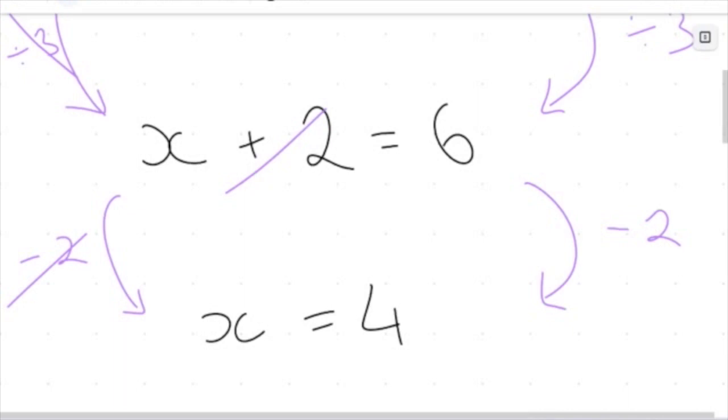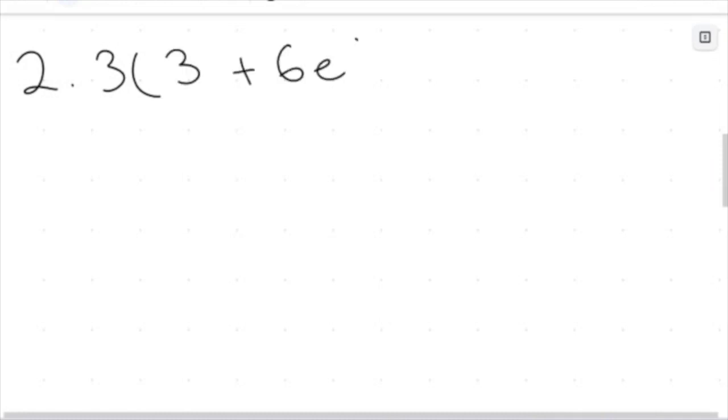Now let's try one more of these. Well, actually, let's try 2 more. So here I have 3 outside of 3 plus 6e, equals 27.